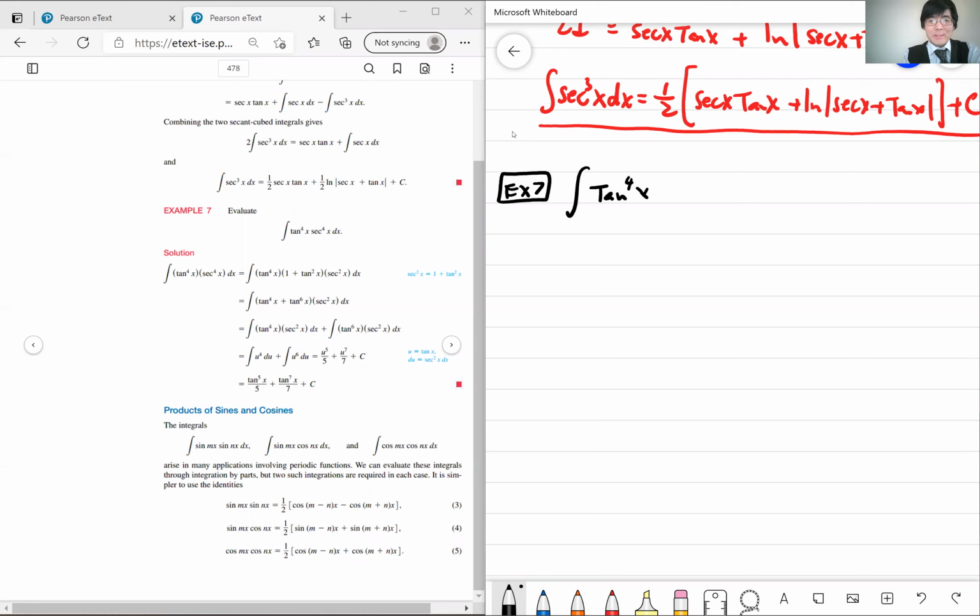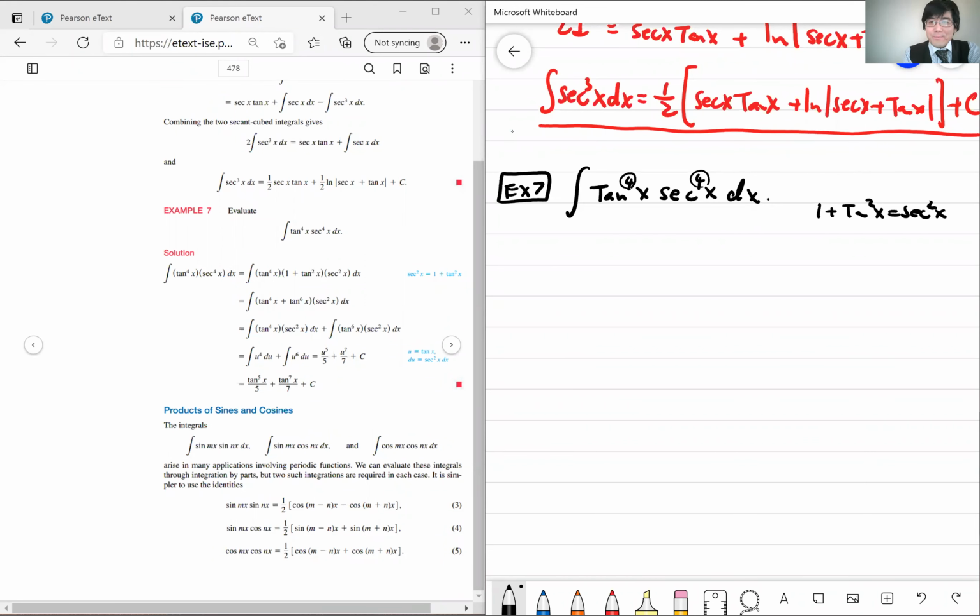Tangent to the fourth, secant to the fourth, dx. Well, looks complicated. But its even power is probably nicer than secant cube. So one possible idea is using 1 plus tangent square x is equal to secant square.